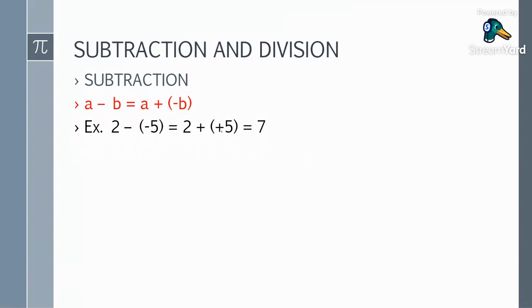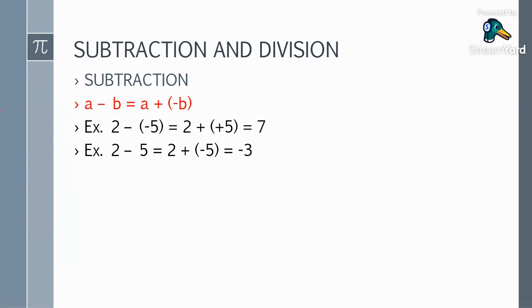This definition means that when you want to subtract one number from another, change the sign of the number being subtracted, the number on the right, and then work the problem as an addition problem. Thus, 2 plus 5 is equal to 7. Another example, 2 minus 5. This time, 5 is positive. So it equals 2 plus negative 5, which is equal to negative 3.